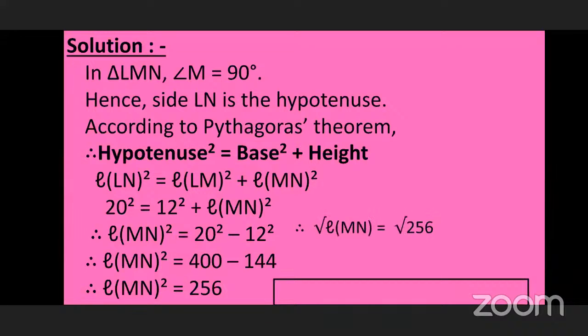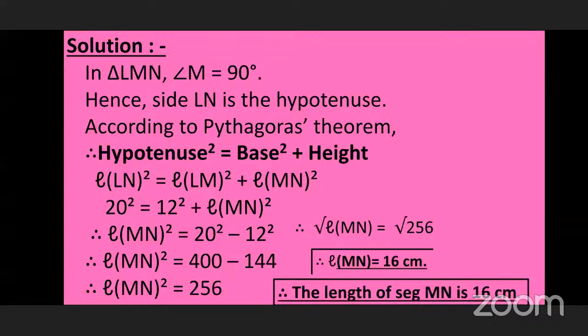So, square root of MN square equals square root of 256. Yes, the square root of 256 is 16. Therefore, the length of the segment MN is 16 centimeter.